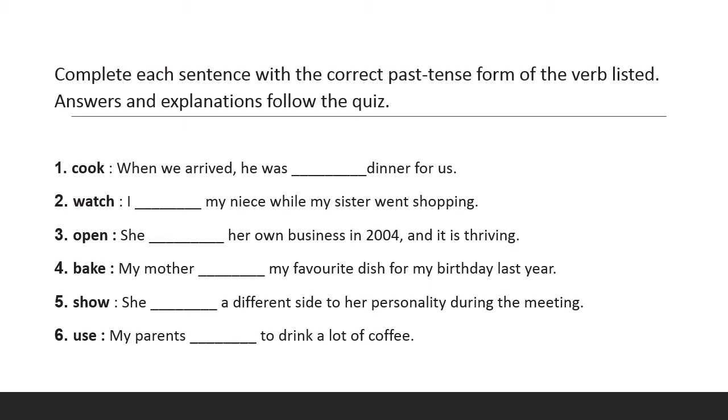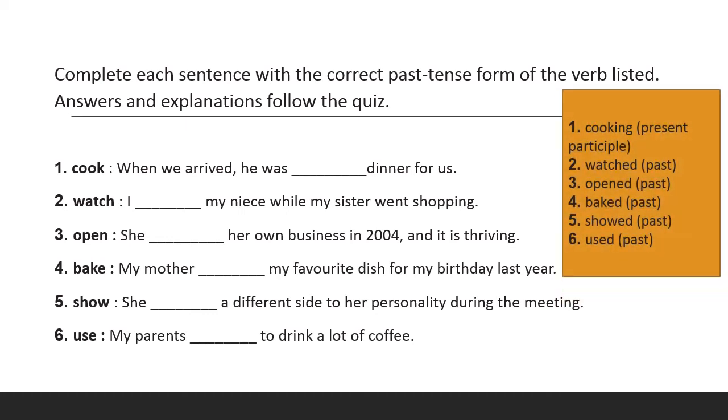My parents ___ to drink a lot of coffee. And yes, now these are the correct verb forms. When we arrived, he was... Now here, because the verb is preceded by the helping verb be, that is was, it should not be the past form but rather the present participle.